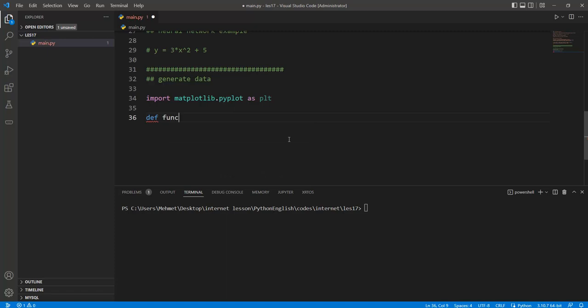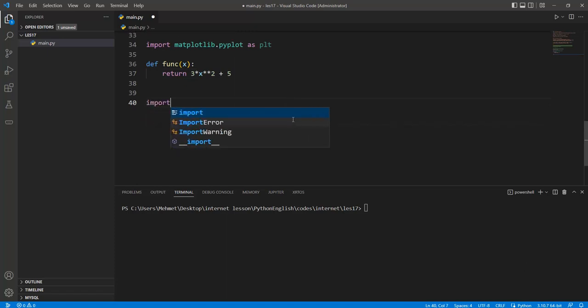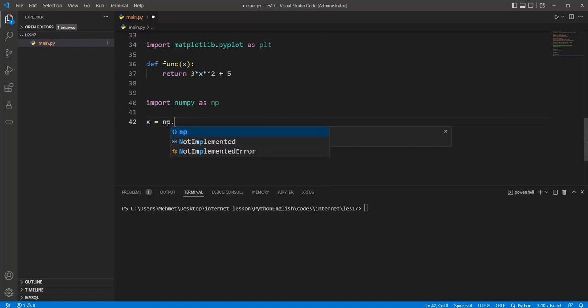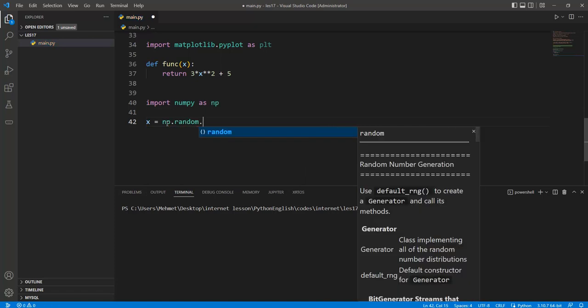For example, this func x can be given in here, and so it returns x times x over 2 plus 5. And so in order to create the data in here like this one, numpy as np can be defined in here, and so the np function returns np.random data in here like this one.